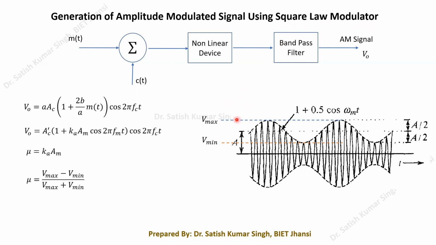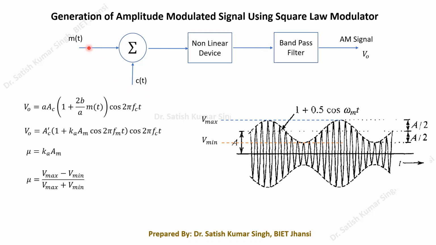Using the square law modulator, this is the basic block diagram. First of all, we have to take the message signal m(t), and this message signal has to be added with the carrier signal. First we need to add these two signals together. Generally we choose the carrier signal to be a sinusoidal signal of high frequency.